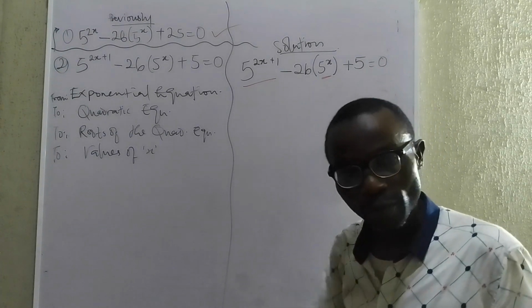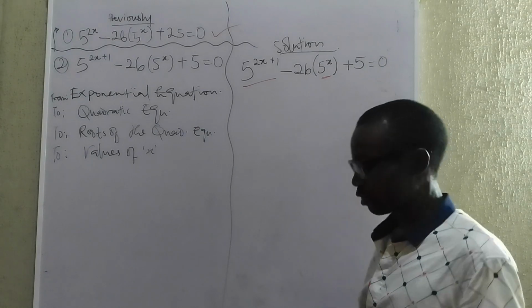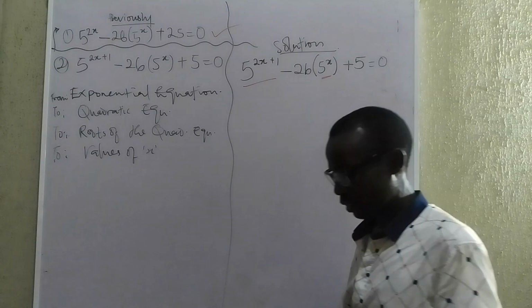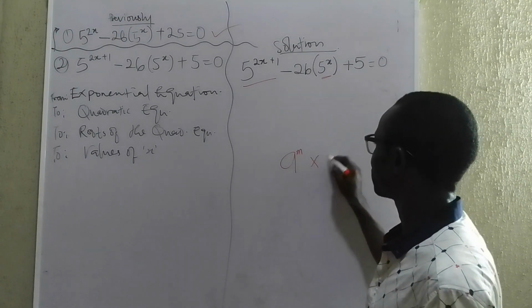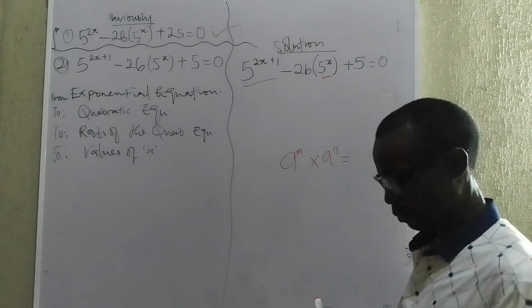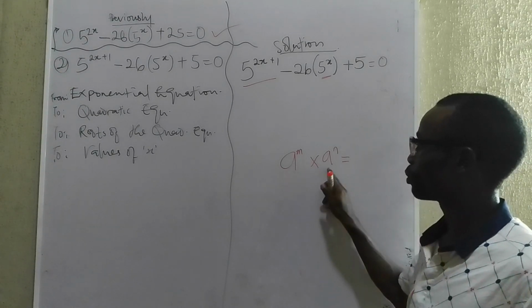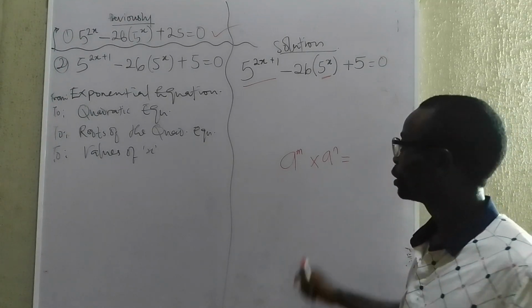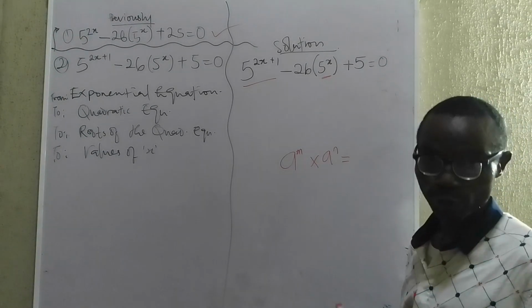There's a rule, most times it's arranged to be the first in the laws of indices. It is called the multiplicative rule or the product law, and it states that a raised to the power m times a raised to the power n. When a product of two numbers have the same base, what you should do is to use one base and add the two exponents.